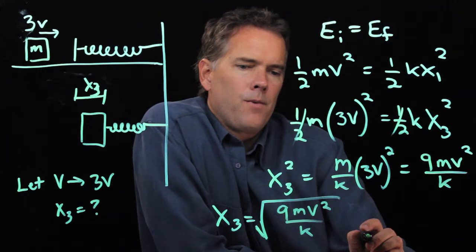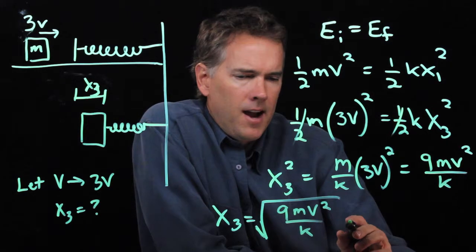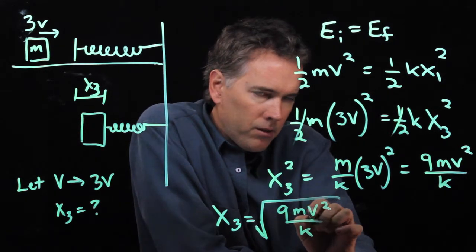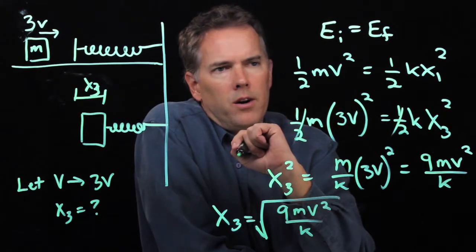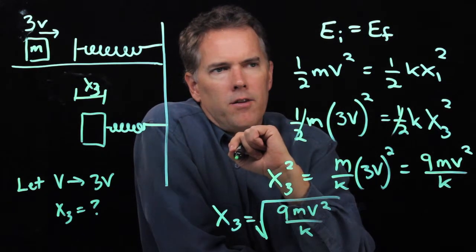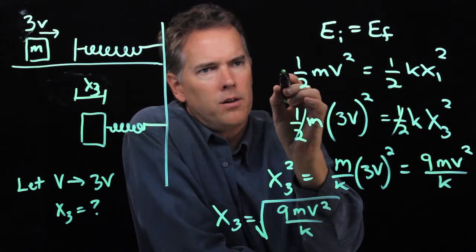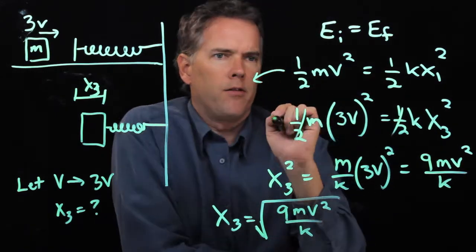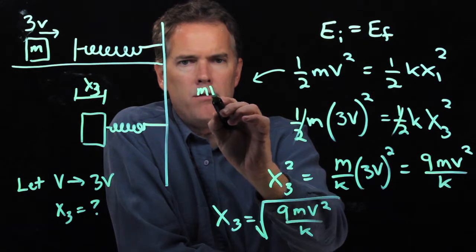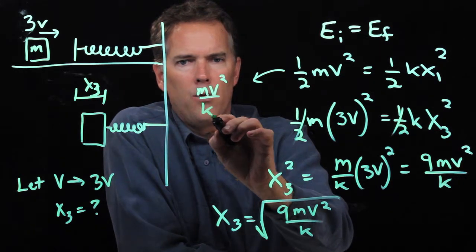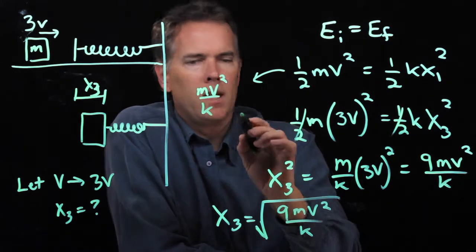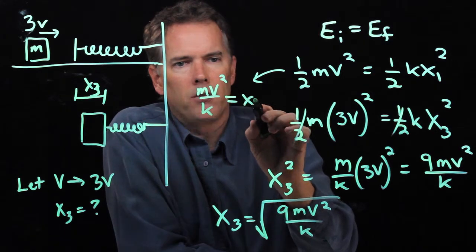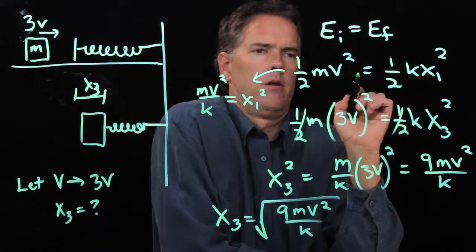It doesn't look that helpful, except some of these things are in this first equation right here. In fact, if I look at this first equation, I can rewrite it as the following: mv squared over k is equal to x1 squared.